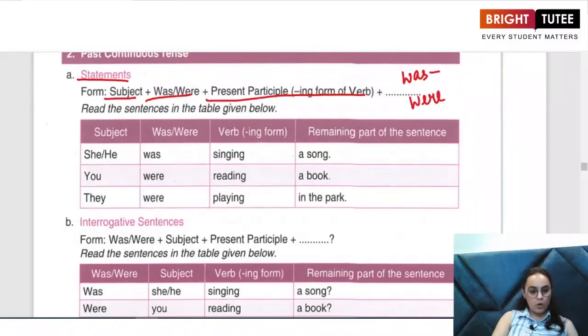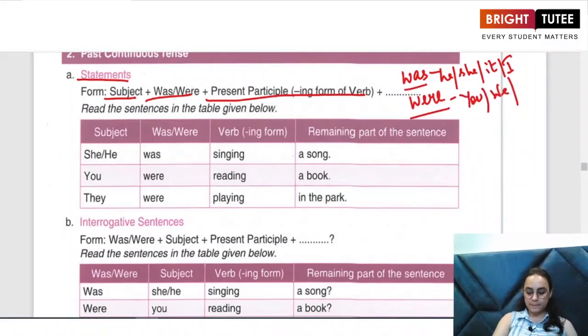We use was with the singular subjects or the singular pronouns such as he, she, it, and I. Second, we use were with the plural subject such as you, we, they.